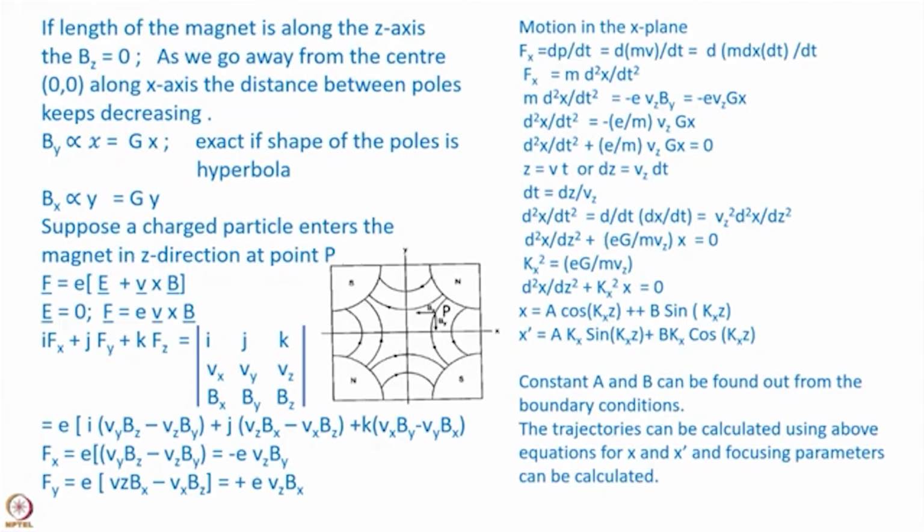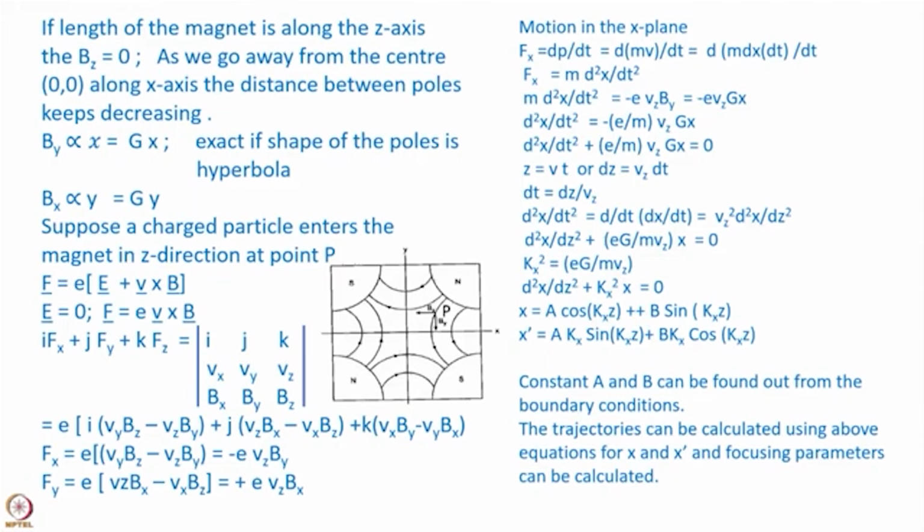And then it will change when in the other quadrupole, which is rotated 90 degrees. So you can write that if you want to study the motion of the particle in the x plane, then you will see that the force is Fx, which is responsible, and force is nothing but the derivative of momentum, that is dp by dt, and this is nothing but d by dt of mv, which is the momentum.